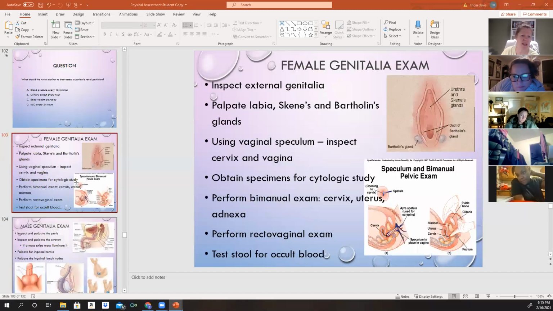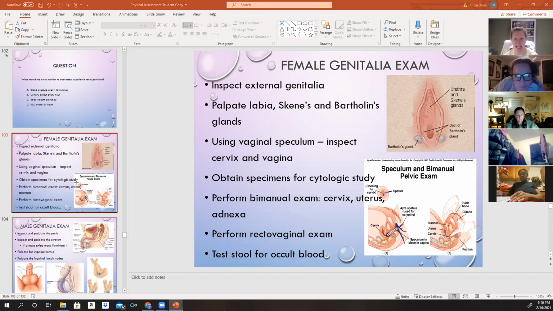All right, so a female genitalia exam. Again, very specialized, usually if you work at a GYN clinic, or you might assist a GYN doctor do this in the hospital, but you won't be doing it. So you would just want to make sure you're inspecting the external area very well. You would palpate the labia. You're going to use a vaginal speculum.